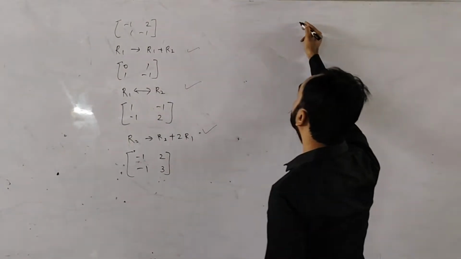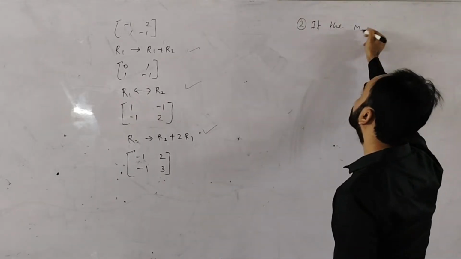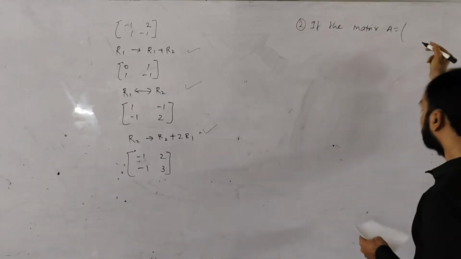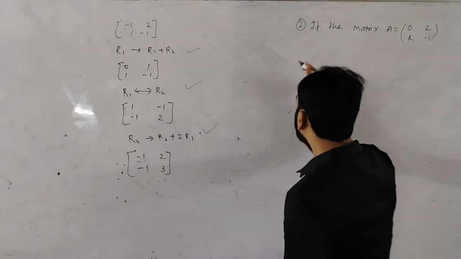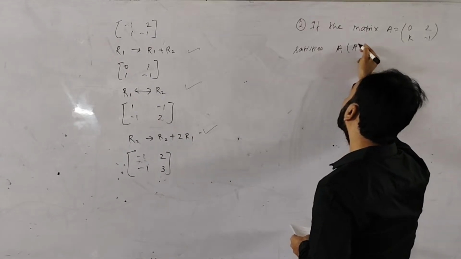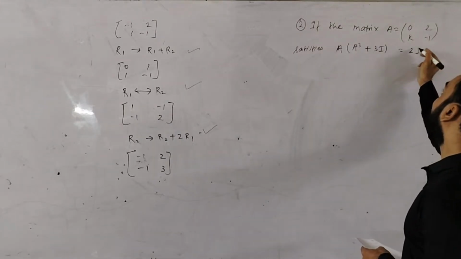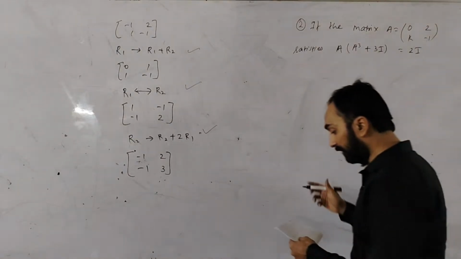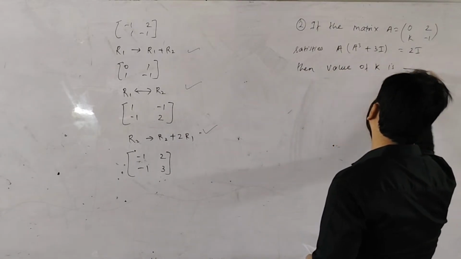Now this is problem number 2. If the matrix A, and again it is a 2 cross 2 matrix, if the matrix A, [0, 2; k, -1], correct, satisfies A cube plus 3I is equal to 2A, then the value of k is equal to, right?